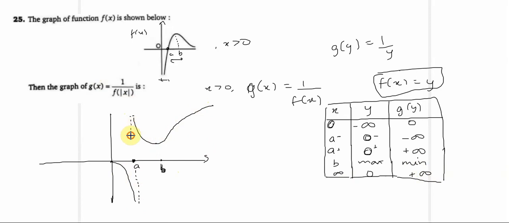At a it's not defined, so the left hand side is also like that. This will be minus a, and then this is minus b. You'll have something like this. So this is the graph.